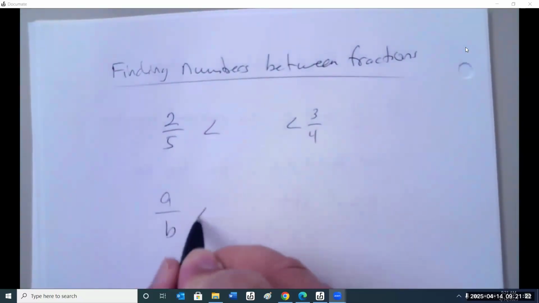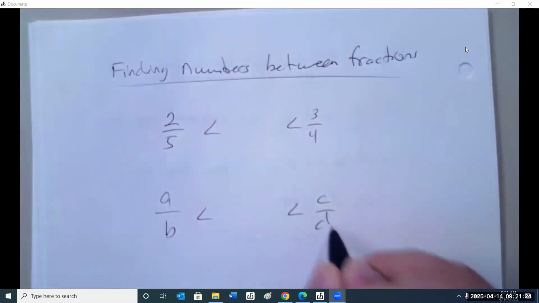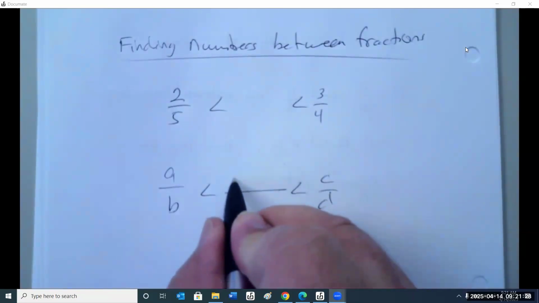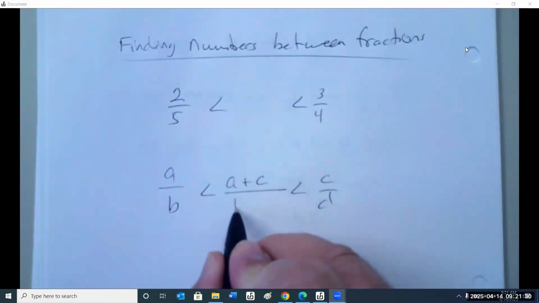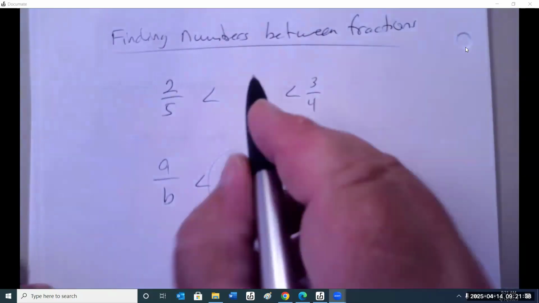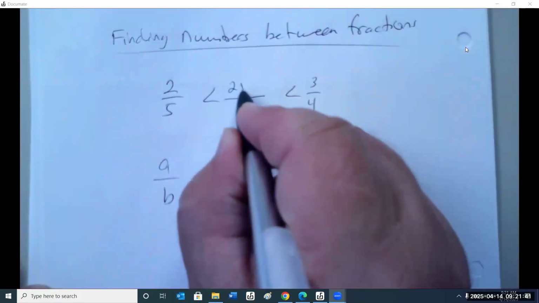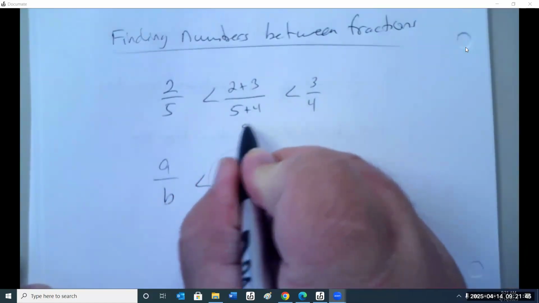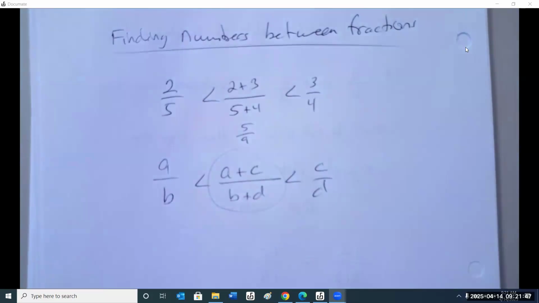If A over B is less than C over D, then we can find a number between there by adding the numerators together and adding the denominators together. This number will be between those two. So in this example, we have 2 plus 3, 5 plus 4. So 5/9 is between those two numbers.